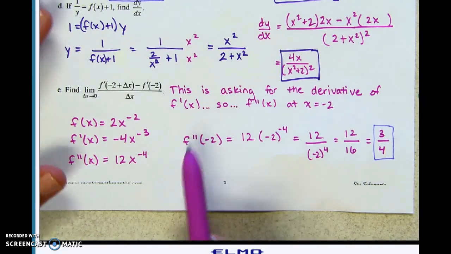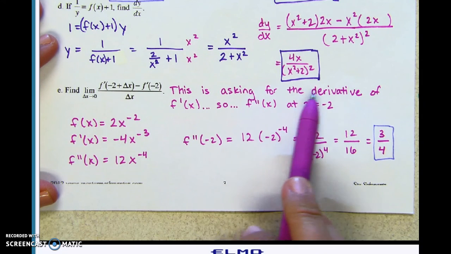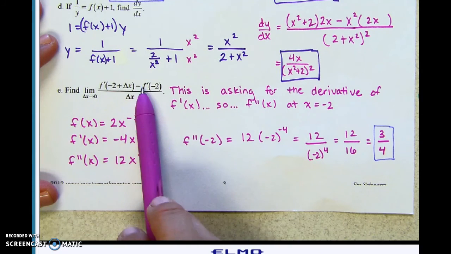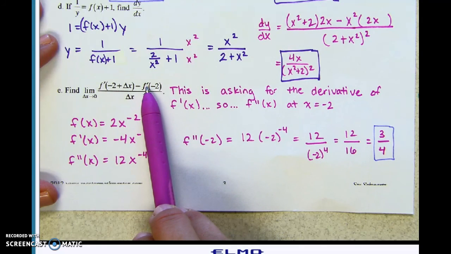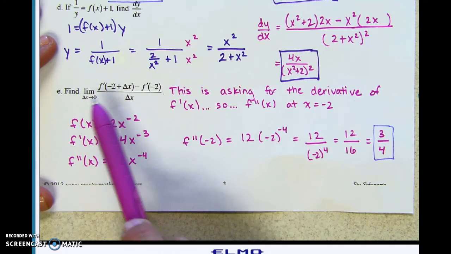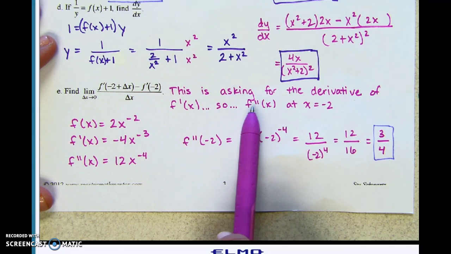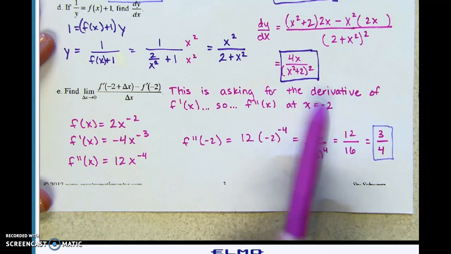So what the heck does this all mean? This is asking for the derivative. All of this means the derivative of whatever was here. So it's the derivative of the f prime evaluated at -2. All of this means the derivative of f prime, which is the second derivative, evaluated at x equals -2. So here's what we do.